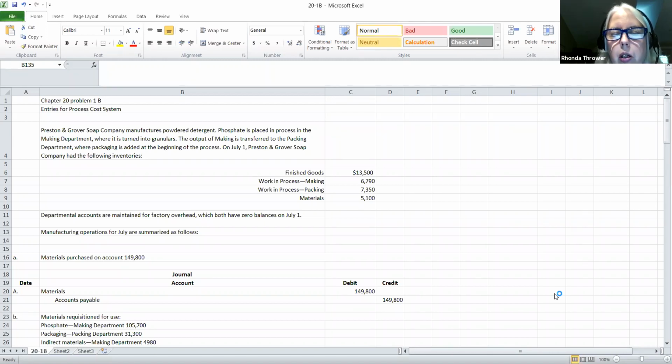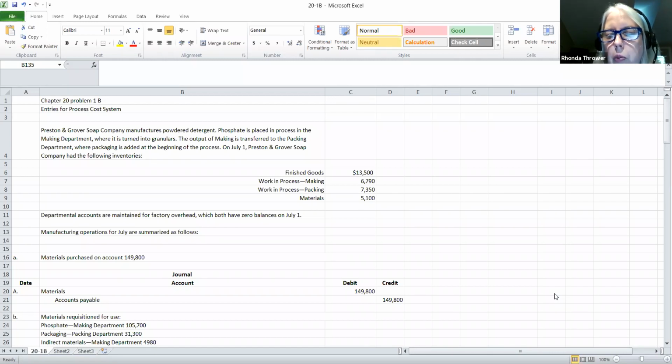Then at the end of the period, we will take out all of the finished items in one department and transfer it over into the next department as beginning inventory. So in process cost accounting, we keep up with cost by department. Each department sends their cost to the next department.